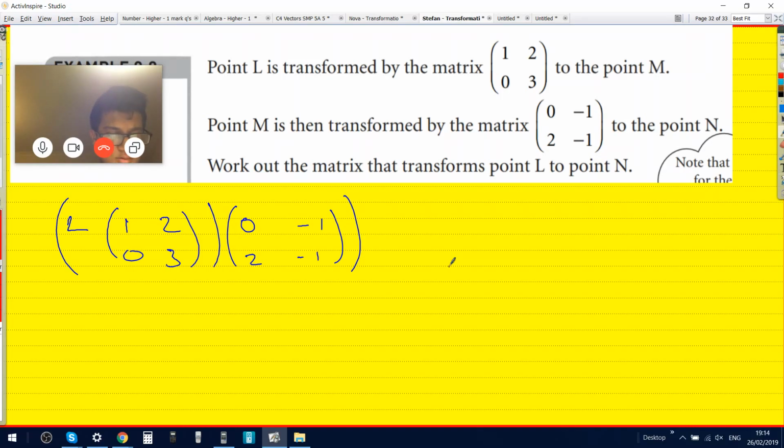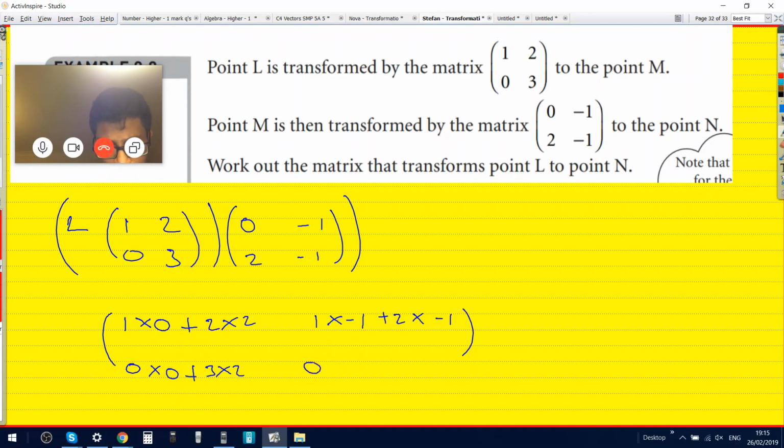So 1 times 0 plus 2 times 2. 1 times minus 1 plus 2 times minus 1. 0 times 0 plus 3 times 2. 0 times minus 1 plus 3 times minus 1. So that's 4, minus 3, 6, minus 3.